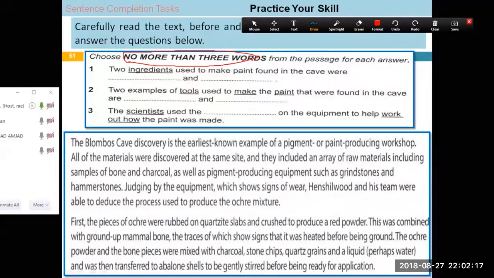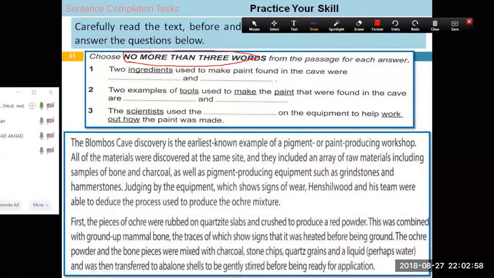Grindstone. I will not confirm any of the answers right now. First, I will ask you the next question and then I'll come back to it. So keep your answer with you. If you want to share with us, we'll be grateful. If you don't want to share, we can move on to the next question. Grindstone and hammerstone?